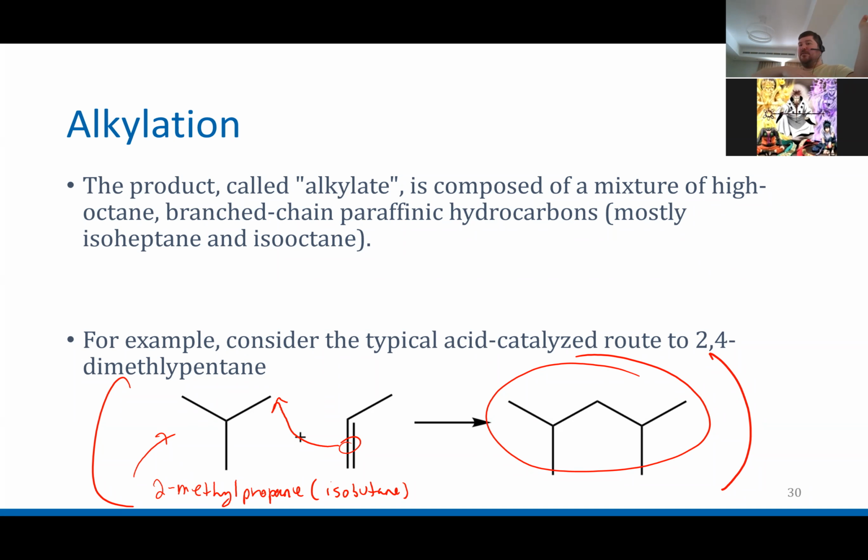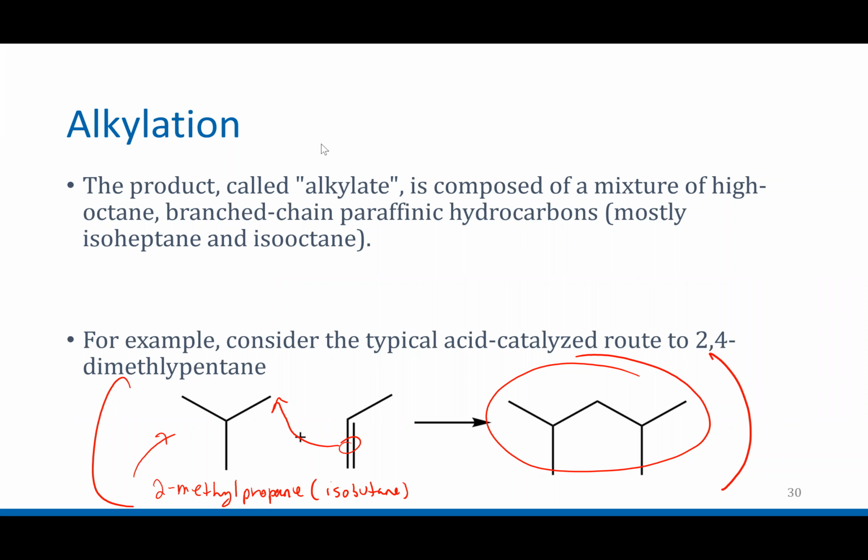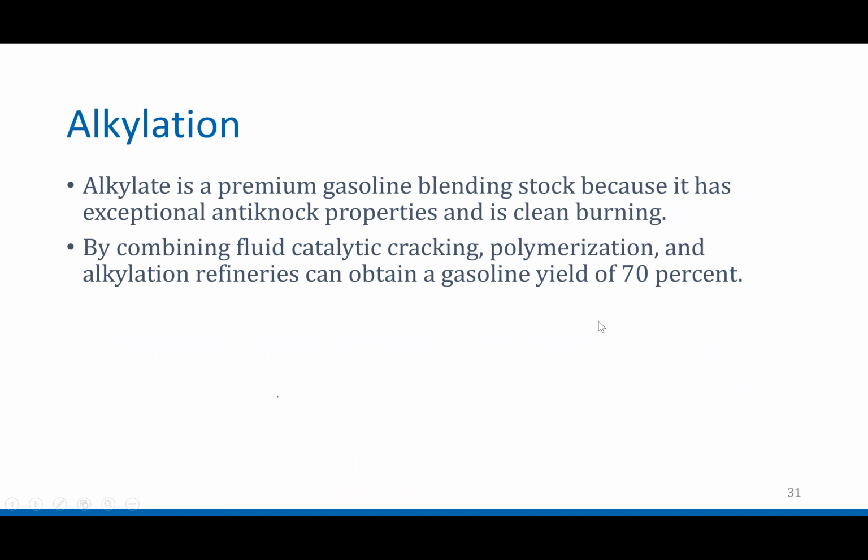That's kind of what's happening. The double bond is breaking and adding itself to another chain, and we call that process alkylation. So alkylation results in a premium gasoline blending stock because of its anti-knock properties, or basically its high octane rating. When I say anti-knock properties, it's related to the combustion, which is the octane rating.